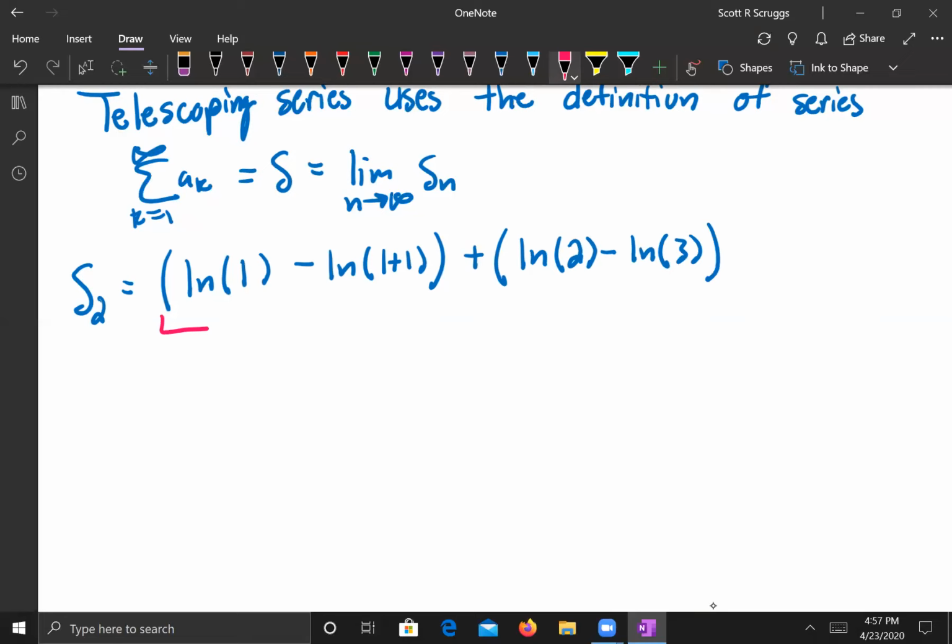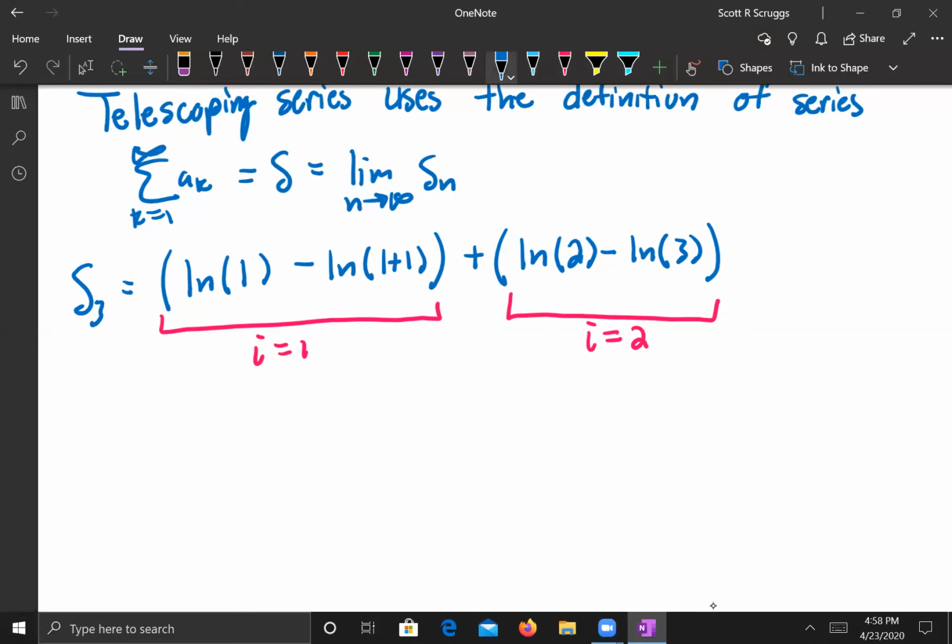What I'm checking for is whether any parts within those terms cancel out. In this case, nothing has canceled out yet, so I can't see a pattern for what the nth partial sum would be.